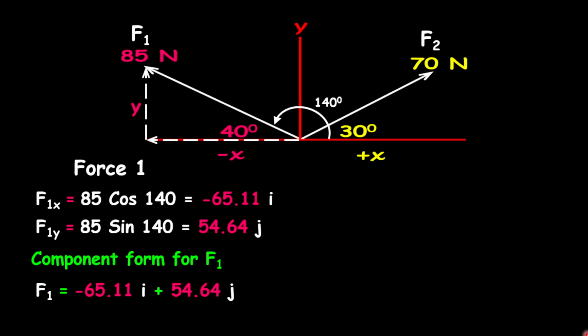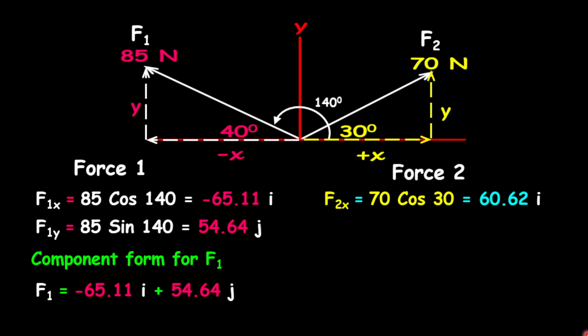Let's look at force 2. For force 2, again, we have our x component and we also have our y component. To express this in component form, we say that F2x, the x component for force 2, is equal to 70 newtons, which is the hypotenuse, multiplied by cos 30 degrees, because this is 30 degrees above the positive x, which equals 60.62 i, the x component.